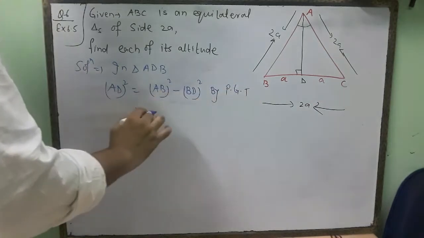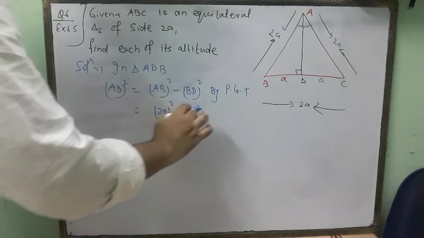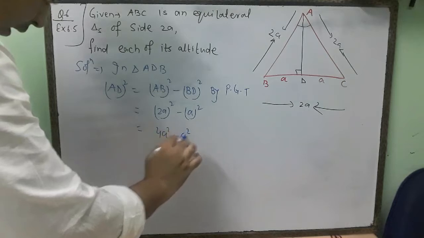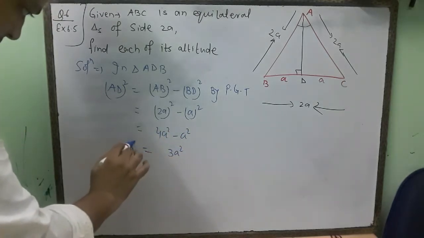by PGT. So I can say that 2A whole square minus A square. So it will be 4A square minus A square, so it is 3A square, that is AD square.